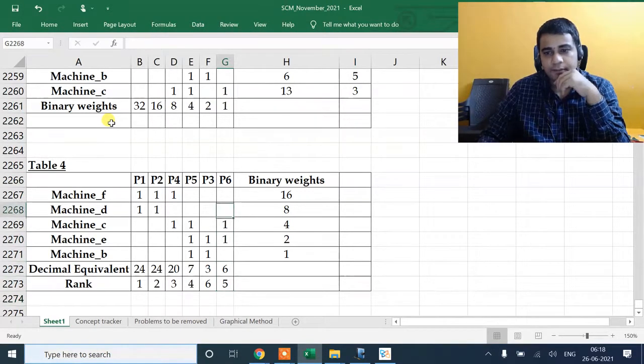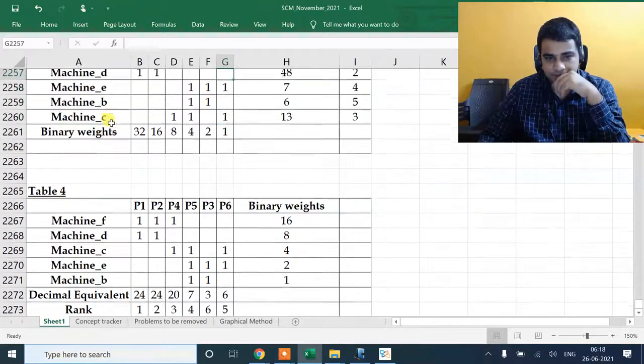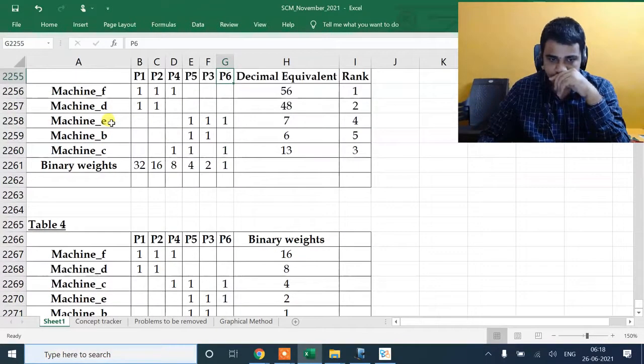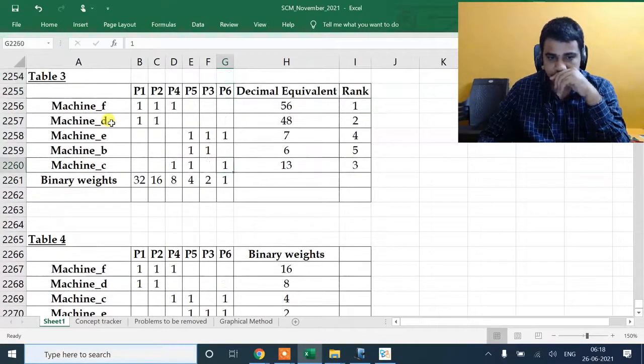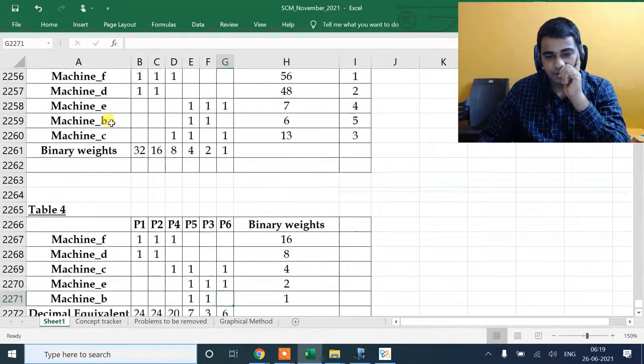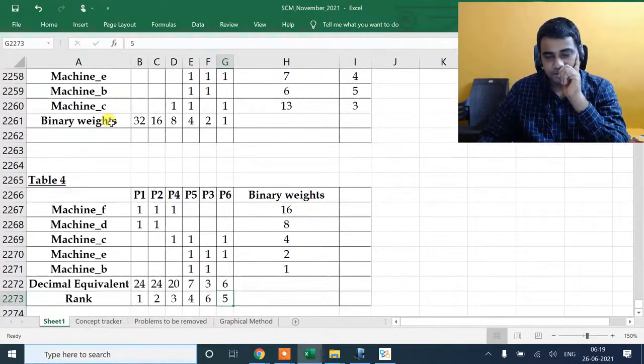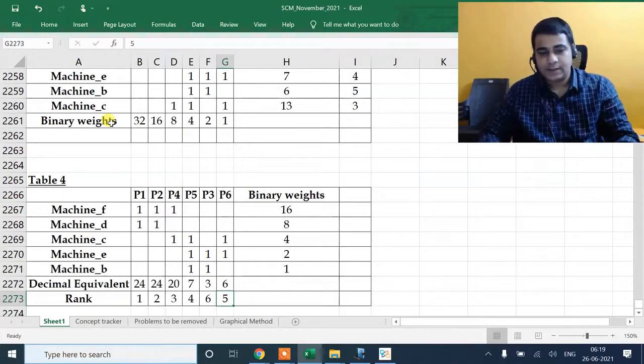Do let me know if at all you have any doubts. Any doubts on table 4? We'll rearrange, put a table 5 till we complete, till we get a proper sequence.